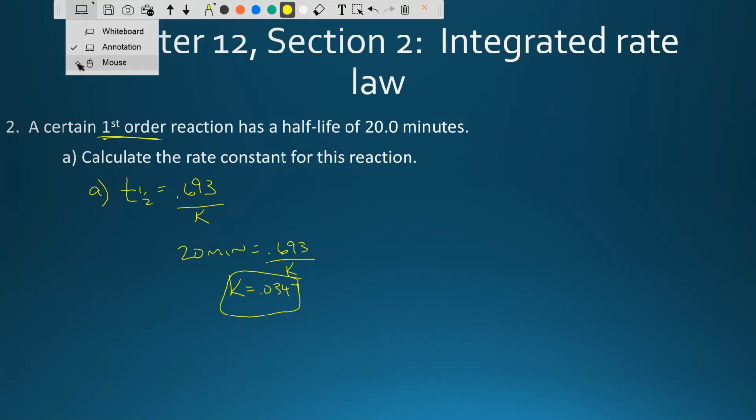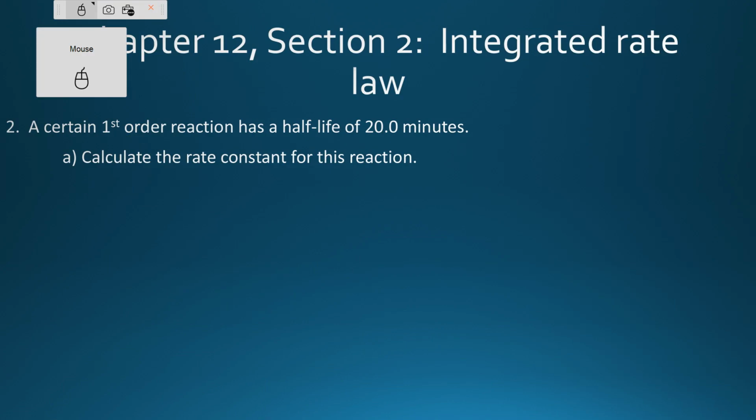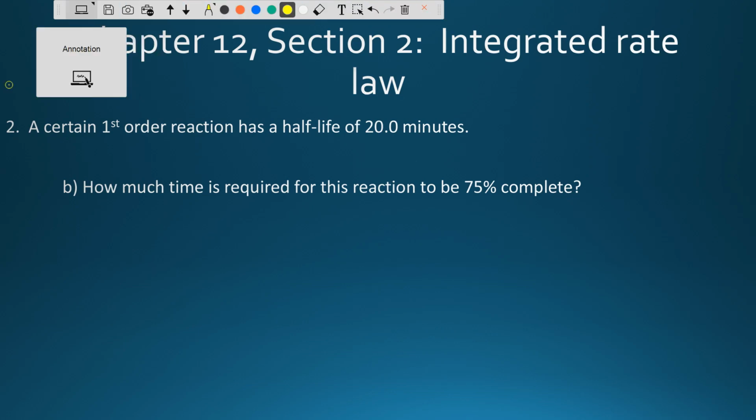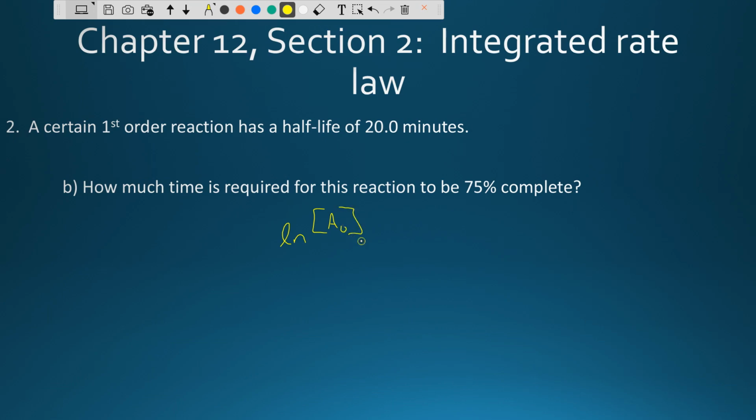Now, if we found the rate constant for that reaction, I would then go through and say, okay, now that I know this, how much time is required for it to be at 75% completion? Well, remember that the natural log of my initial over my ending is going to be a function of my K versus my time.